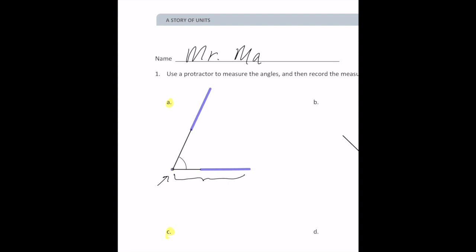So I'm going to go ahead and, with my protractor, line up the target again, and then that's going to be at my 0 point, so that's going to be 0 degrees. On your protractor, you'll just see a line that's horizontal. Then I'm going to remember I'm going to be measuring.